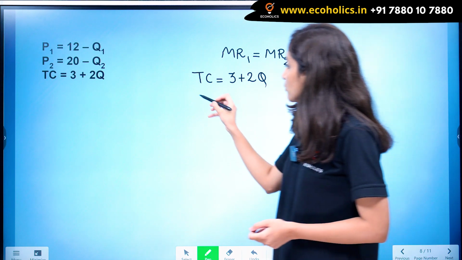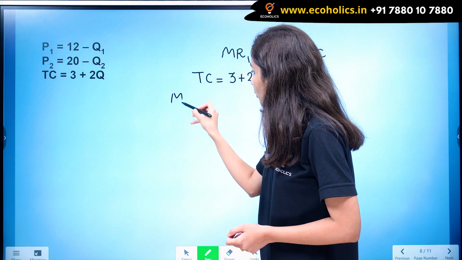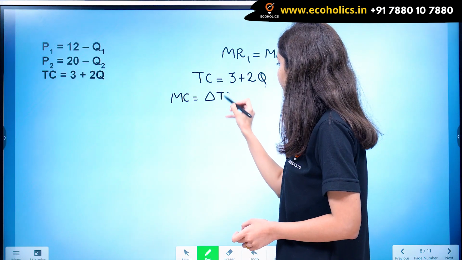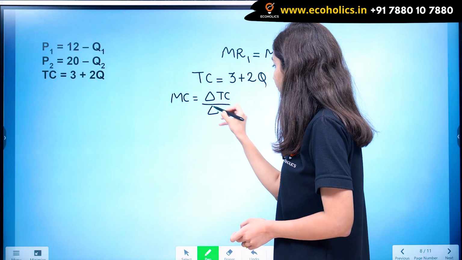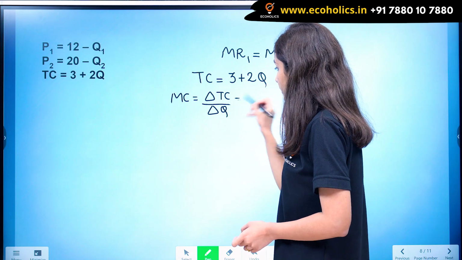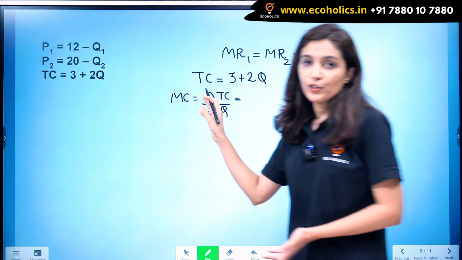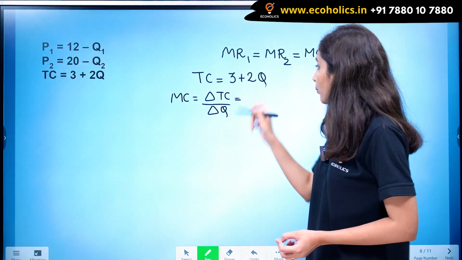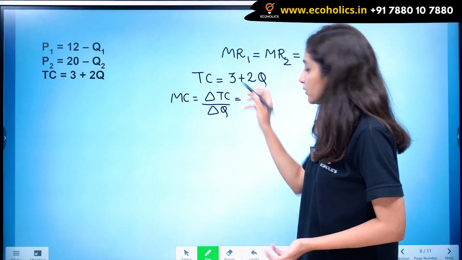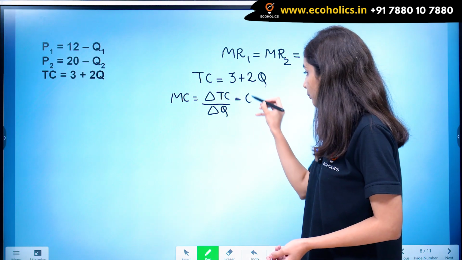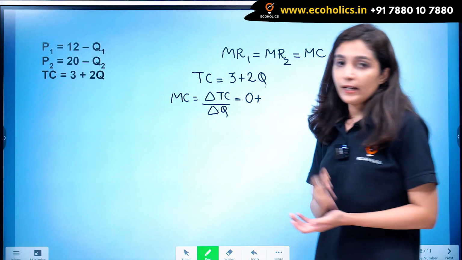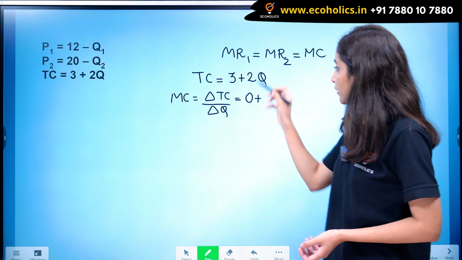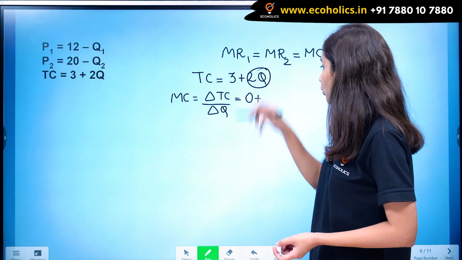What is going to be our marginal cost? We are going to differentiate total cost with respect to Q, that is our output. Differentiation of 3 is equal to 0 because the derivative of a constant term is always 0, and then we have the derivative of 2Q.